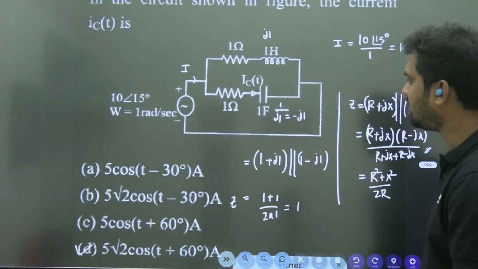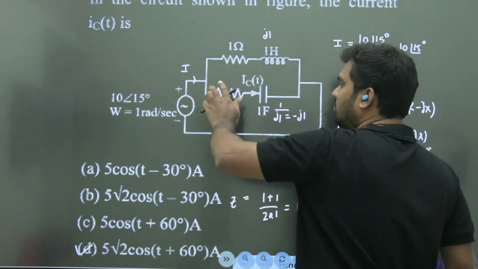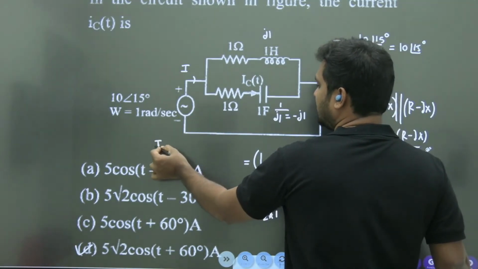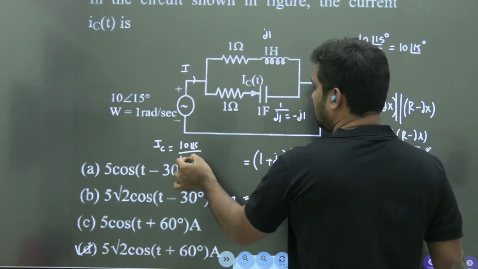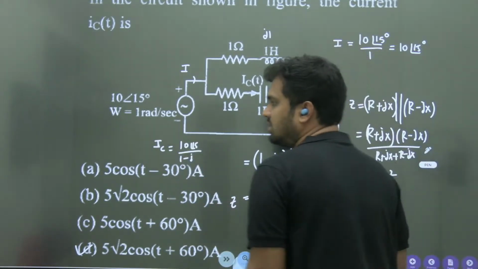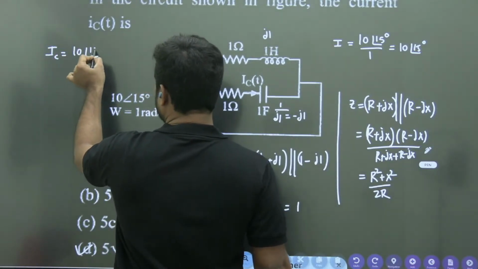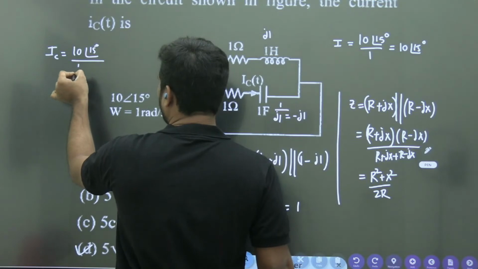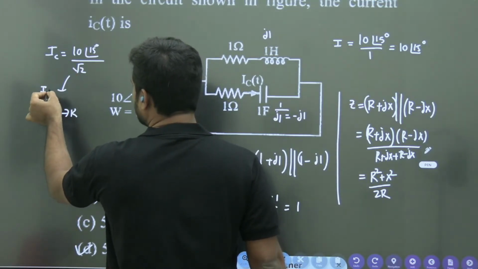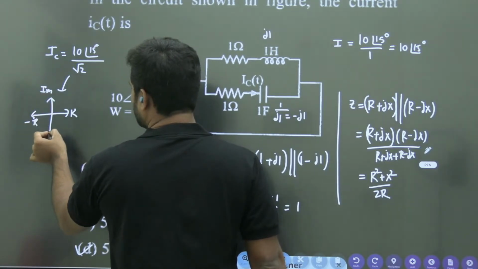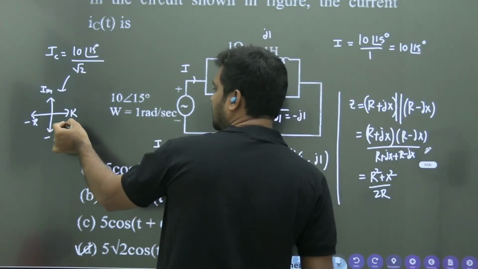सर इतना क्यों किया सर? आसान से कर सकते ना, कर सकते क्योंकि these are parallel पे voltage तो same है, So मैं डायरेक्टली ऐसा भी बोल सकते हैं IC इक्वल टू 10 एंगल 15 डिग्रीज बाय 1 माइनस जे. हो गया क्वेश्चन. Real axis positive, imaginary axis negative, so this question पे real positive, imaginary negative is minus theta.